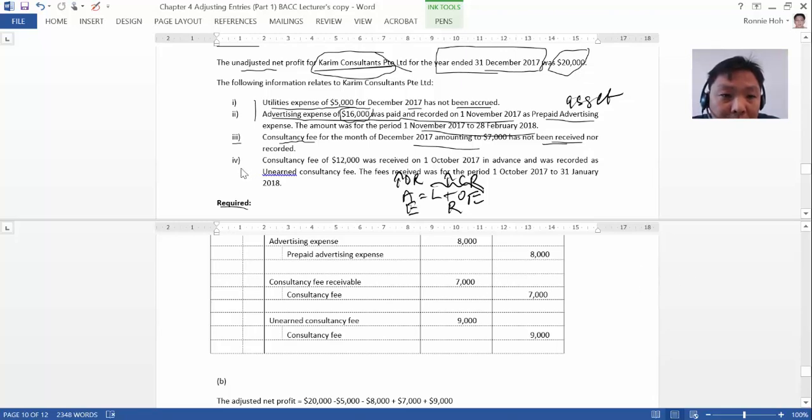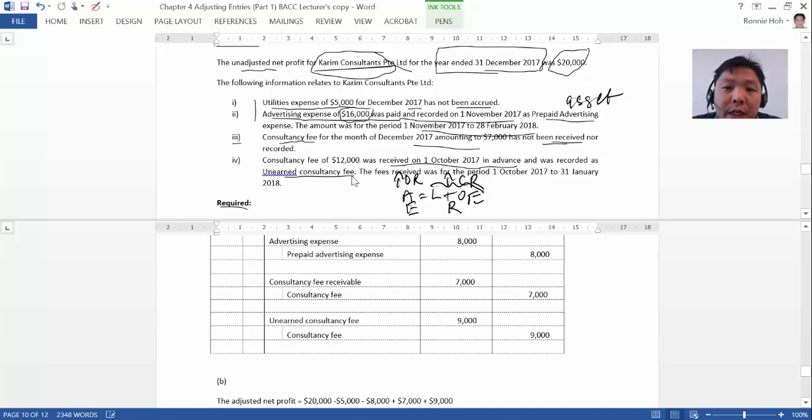Now, let's look at information number 4. Consultancy fee of $12,000. Again, it relates to consultancy fee, and you can see now in this case, unlike number 3, you have received it on 1st October in advance. Which means even though you've not done the work yet, you receive this fee in advance, and you record the entire amount in unearned consultancy fee.